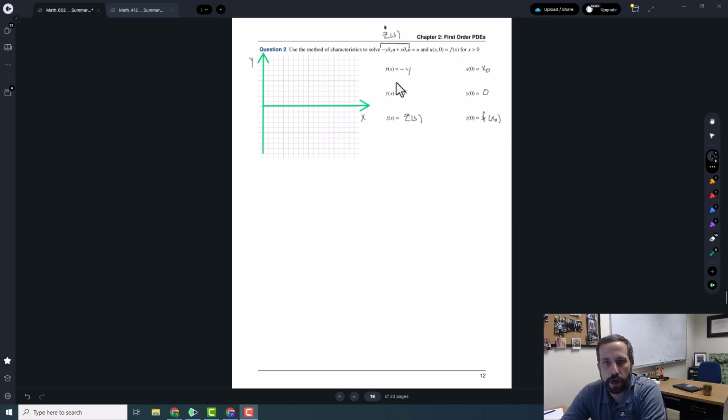Okay, now before going about solving this system of differential equations, I just want to talk about this vector field. So the vector field for the characteristics, the velocity vector, the tangent vector field for the characteristic equations, is given by minus y as the first component, and x as the second component.